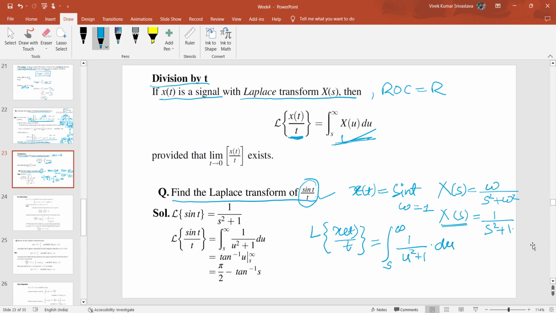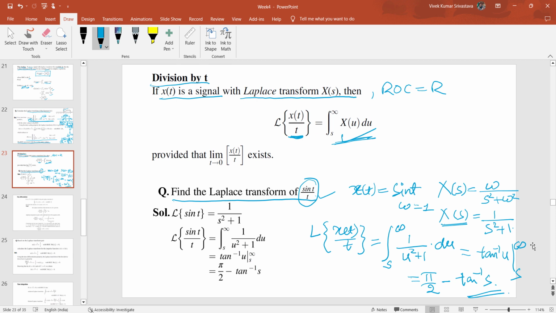Okay, so this will be equal to tan inverse u, with the limit from s to infinity, so this basically equals pi by 2 minus tan inverse s. That's how we can use this property, division by t, for evaluating the Laplace transform of such kind of signal.